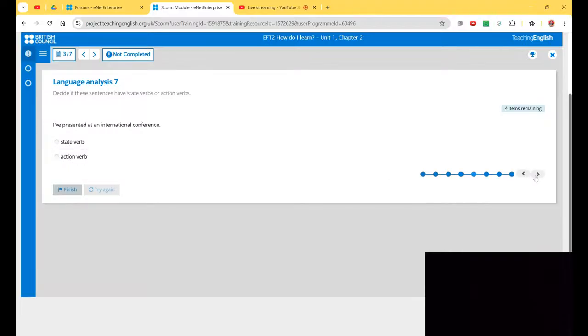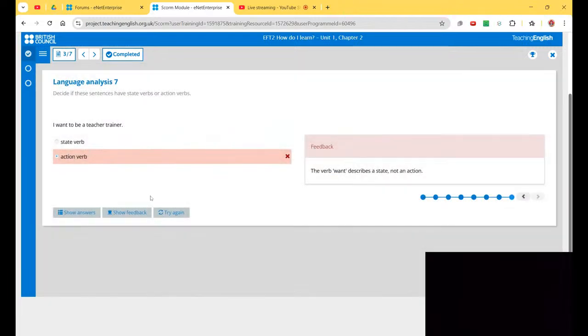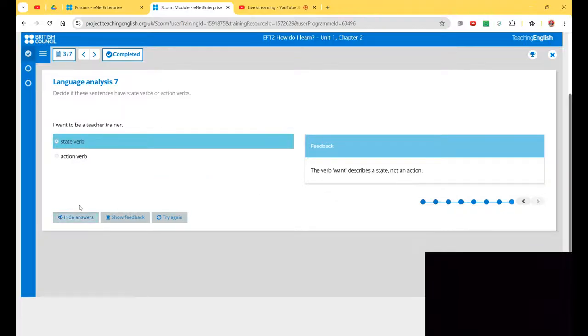Let's try action verb. This is a state verb. I want to be a teacher trainer. I just try it so I can check the answer.